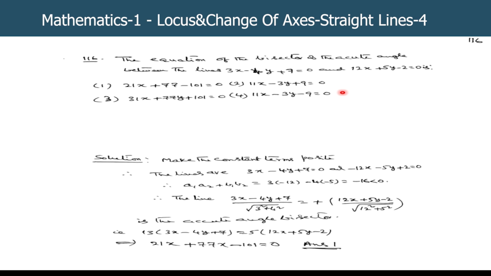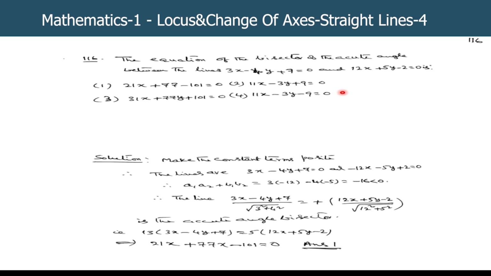The other way, the simplest way, is very simple. Make the constant terms in both equations positive, and write the bisector's equation, take it with plus sign. That is always the acute angle bisector. Understand?